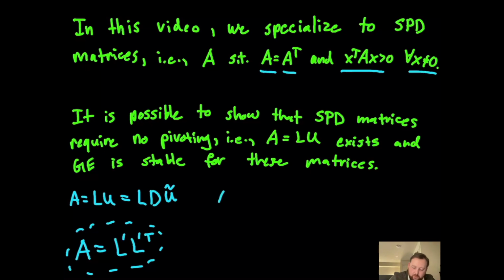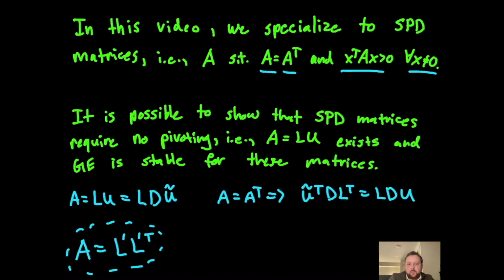Since I know that A has to be equal to A transpose, inserting our LDU factorization, we know that this gives us U tilde transpose D L transpose. Remember, this D is diagonal, so it's symmetric. And this has to be equal to LDU tilde.